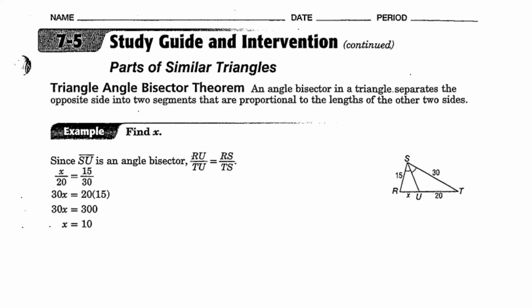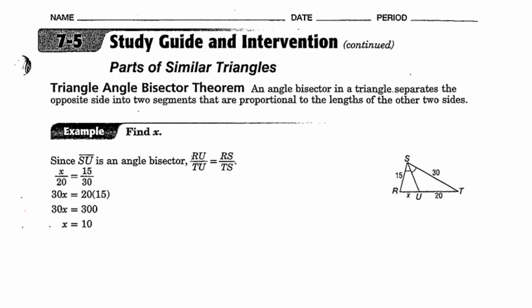If you draw in an angle bisector, notice it's not the angle bisector that they have labeled here. In fact, they don't actually have two separate triangles here. But there is something that an angle bisector does in one triangle by itself that allows us to set up parts that are proportional to one another. So this is just in a single triangle, not two triangles.